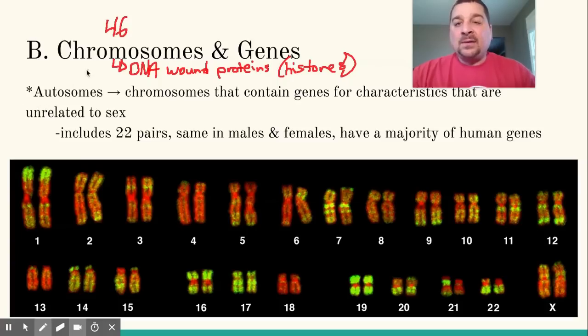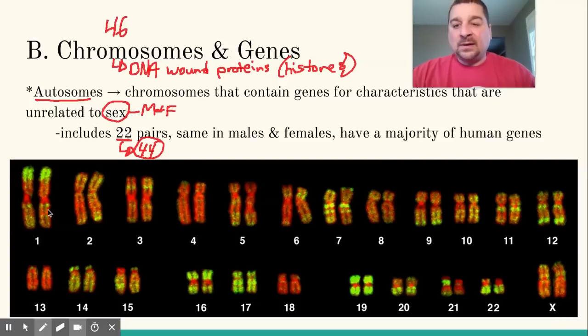On those 46 chromosomes, the first 22 pairs, so times 2, the first 44 chromosomes, are what we call autosomes. Autosomes are all the chromosomes that contain genes for characteristics unrelated to sex, to male and female.